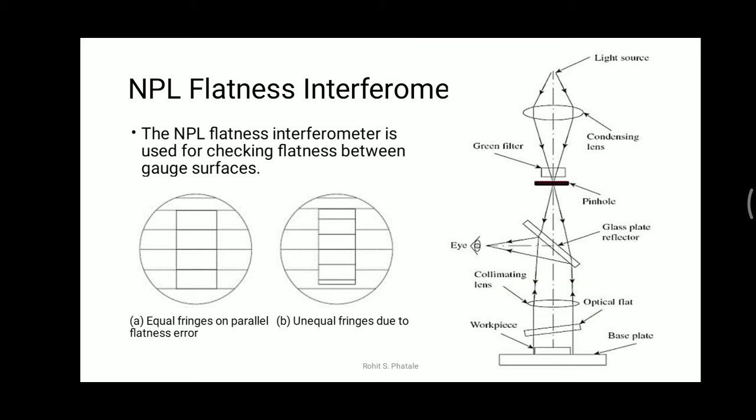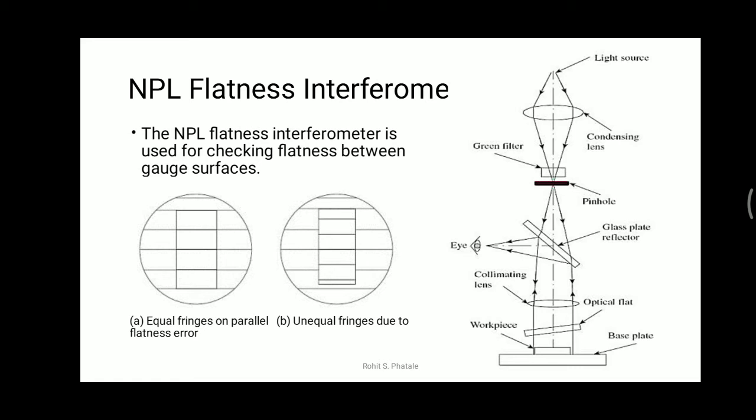Because of this, the collimating lens will produce a parallel beam of light, which falls on this base plate and the workpiece. So this beam is imposed on the object to be tested, and this object, whose flatness we are interested in finding out, is placed on the base plate.